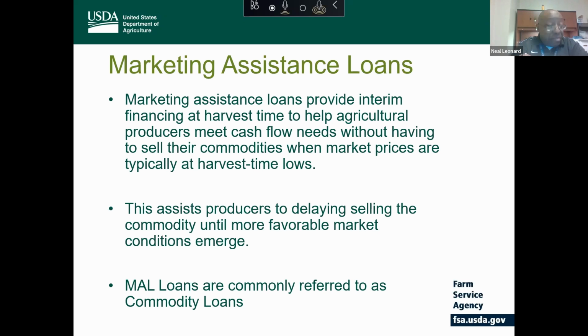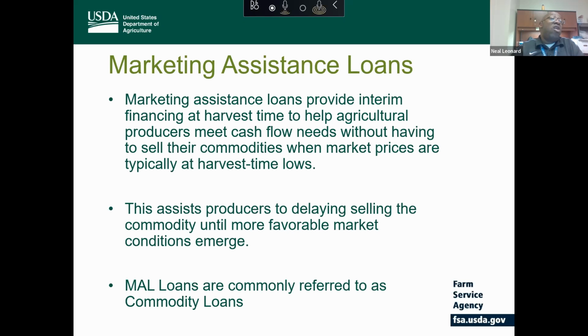And I'm going to go ahead and mention with our MAL, you may hear me say commodity loans. They are considered non-recourse marketing loans. And that's where by the 9th month, they can either come in and repay the loan. And oftentimes when they do that is when market prices have gotten a lot better. They come in and say, hey, look, I'm going to pay the loan off and now I'm going to go sell my crop.